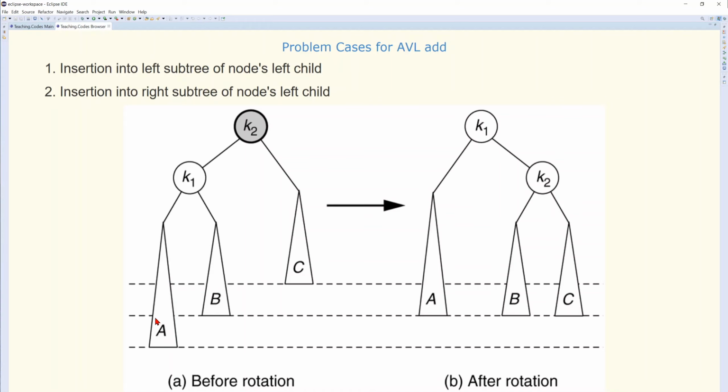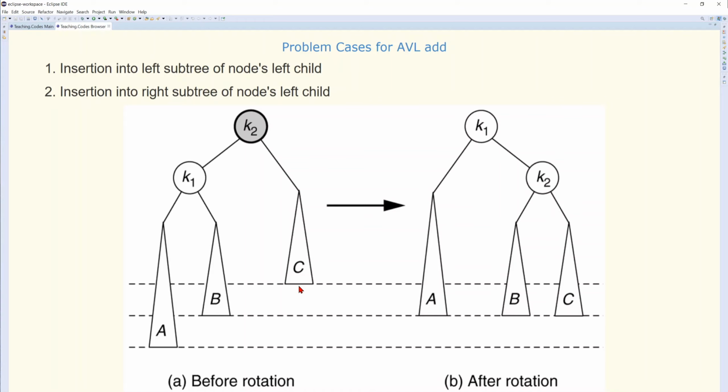Because something has been added to the very end of A, the height of A has increased by 1. Earlier A was here, so with the increase, A went 1 level down. So the difference between this new level and the level of C, which is the right subtree of K2, suddenly became 2.